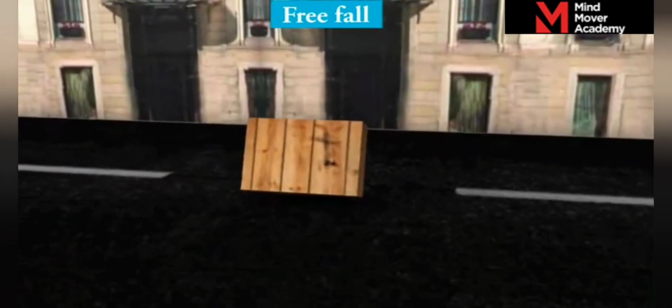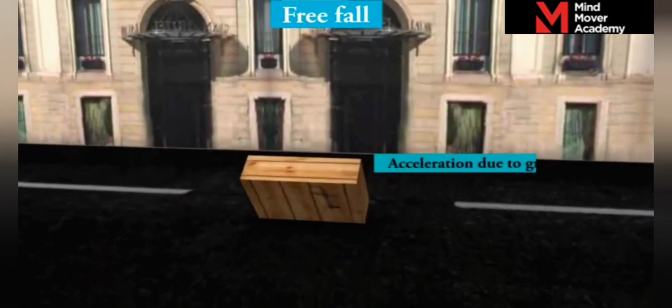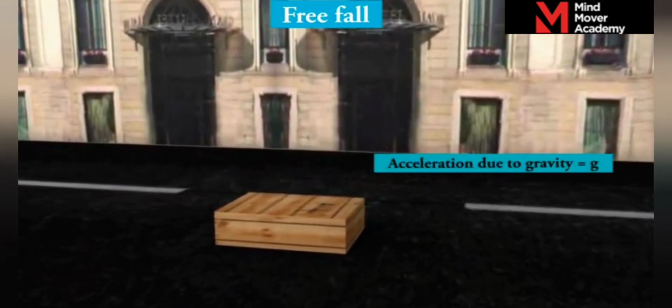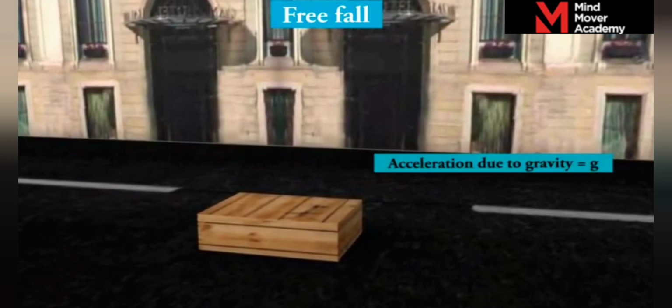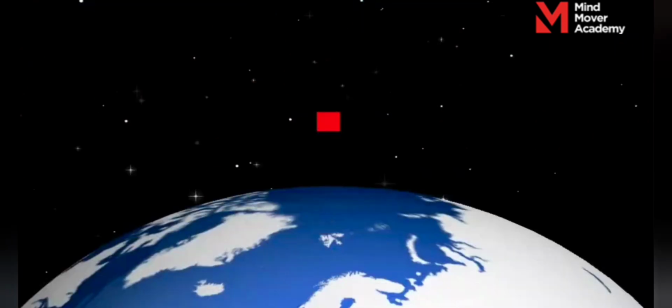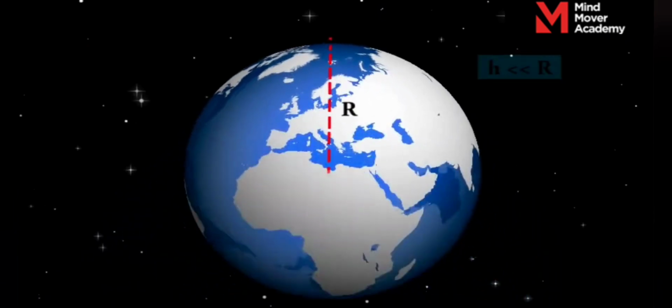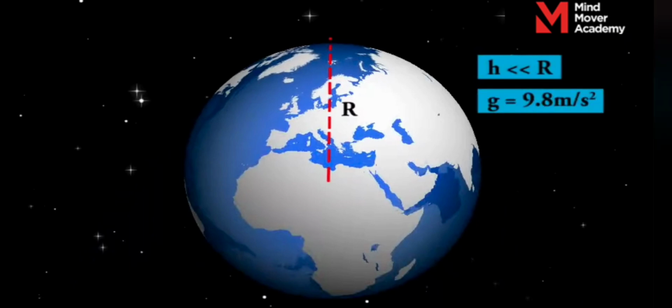The magnitude of acceleration due to gravity is represented by g. If the height through which the object falls is small compared to the Earth's radius, g can be taken to be constant, equal to 9.8 meter per second square.